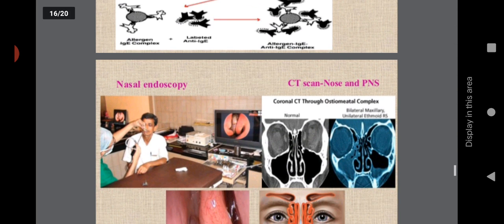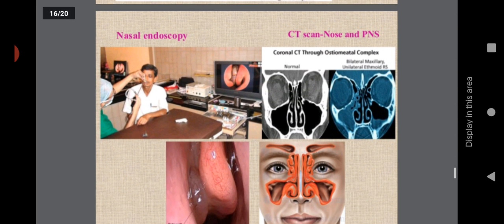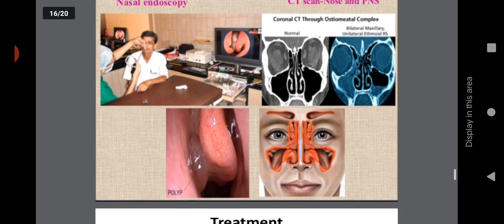Then next is nasal endoscopy. It is an imaging technique where we insert a probe into the nasal tract and identify the structure of the nose. Here you can see the picture, and on the right side you can see a CT scan. So these are the diagnostic tests we are doing for rhinitis.